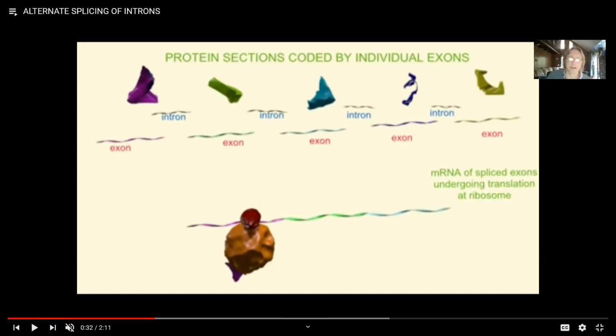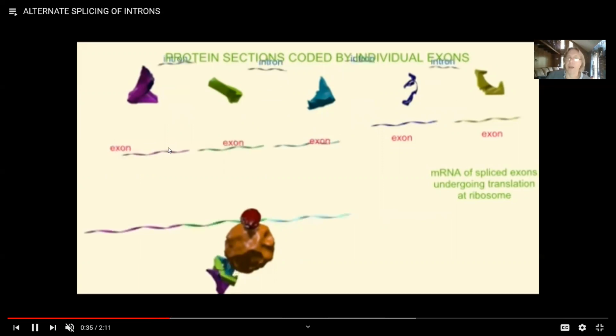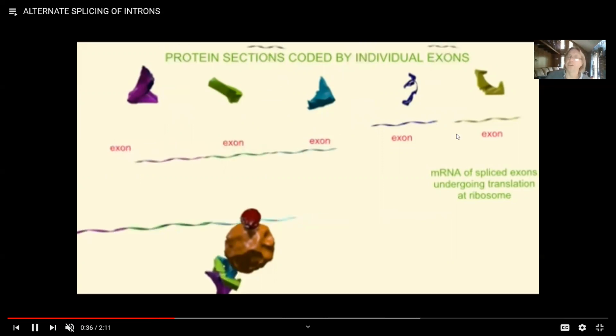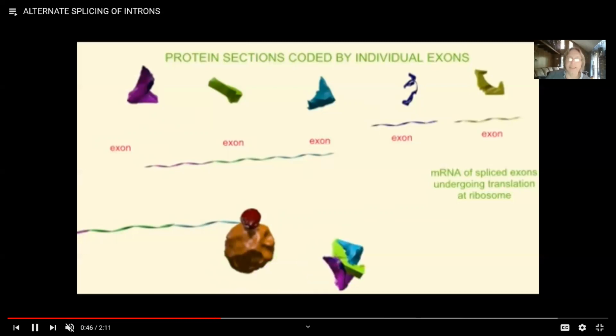Here's the third, etc. And so we could make a protein that has all of these sections, but we don't have to. Just because these are all possible exons, a specific cell could just use the first three, and then its protein that it translates from the gene in question looks like this, with the pink, the green, and the aqua portions.